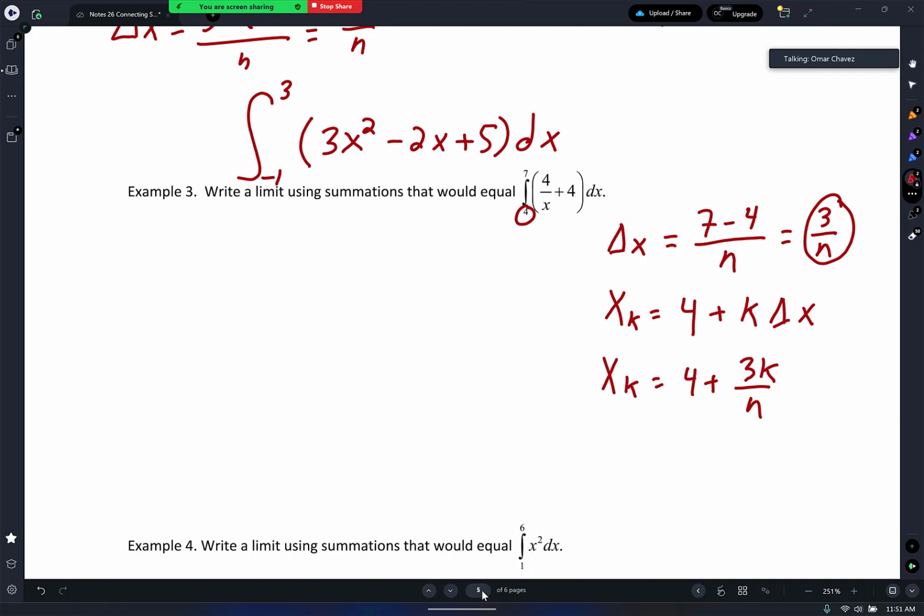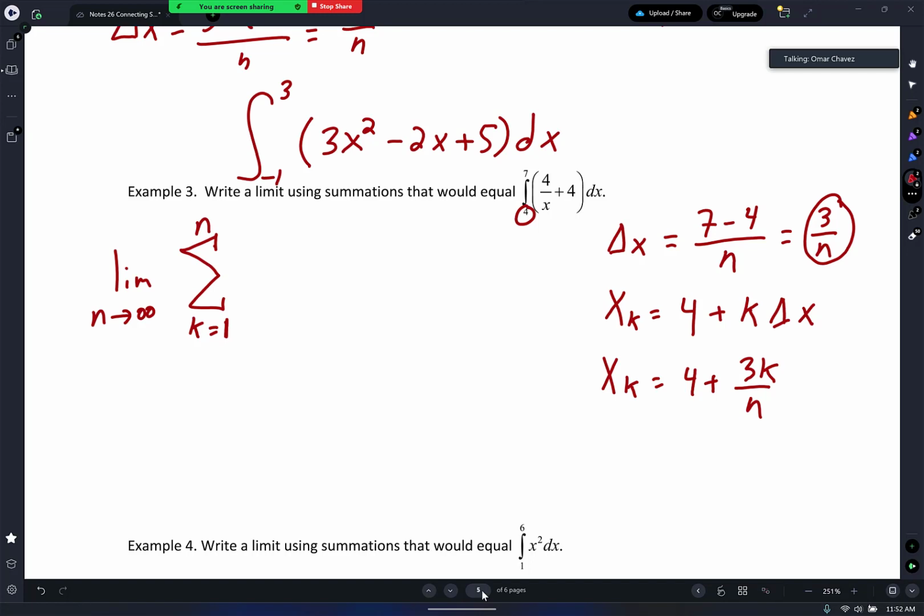3k over n. I'm going to write the limit as n approaches infinity. You can also say delta x approaches 0 of my summation. And where do I start at? Oh yeah, my k value, the lower sum, is going to be 1, and I'm going to go all the way to n.